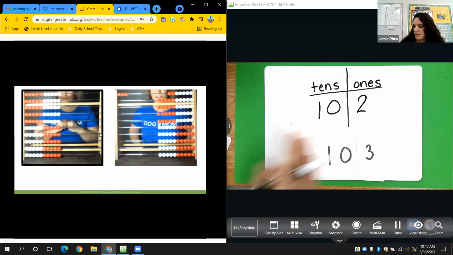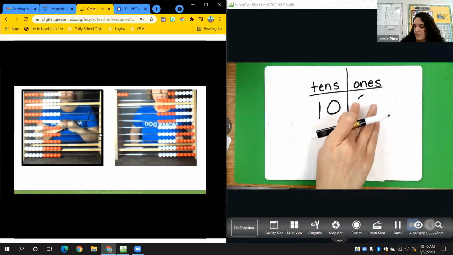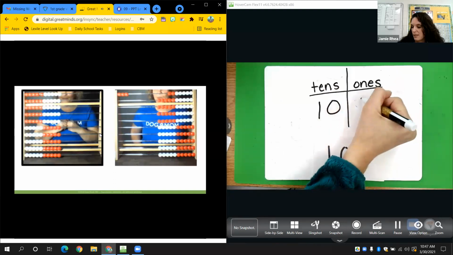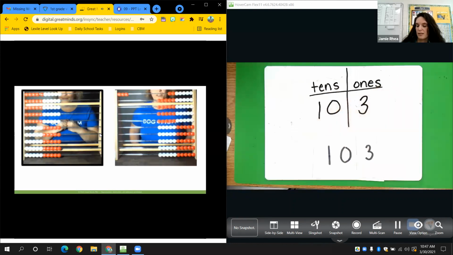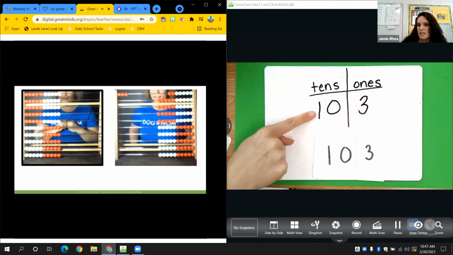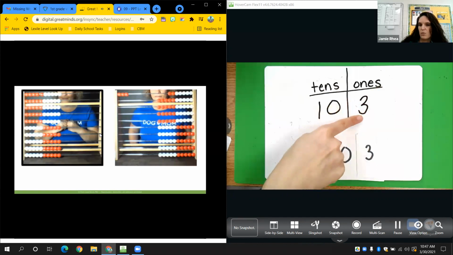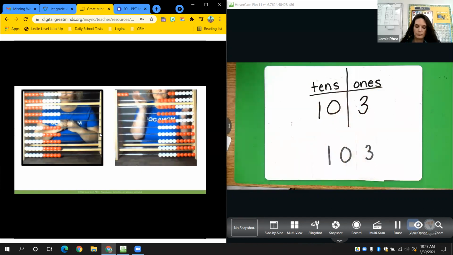103. How many tens and ones are in 103? Think about it first. 10 tens, 3 ones. Let's change our place value charts to record the tens and ones.